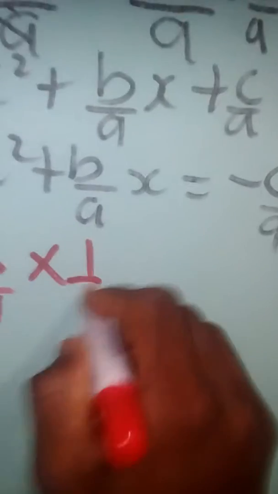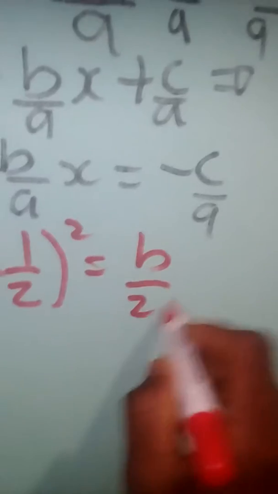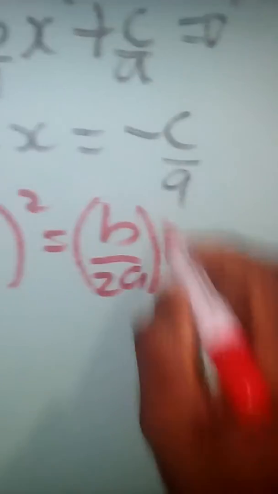Now, the basic thing about the method of completing the square is that we are going to take half square of the coefficient of x. The coefficient of x here is b over a. So if I'm taking half square of it, it's going to give me b over 2a all squared.